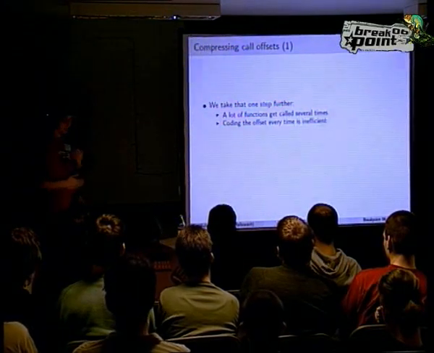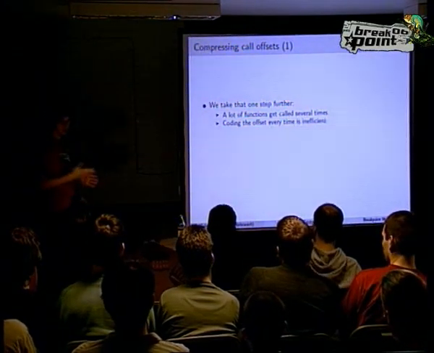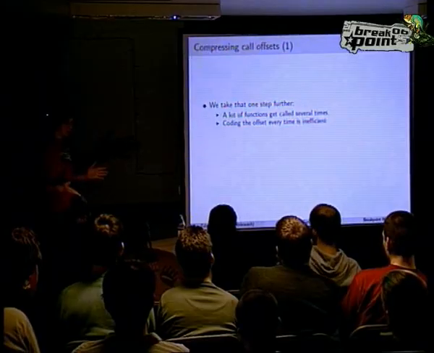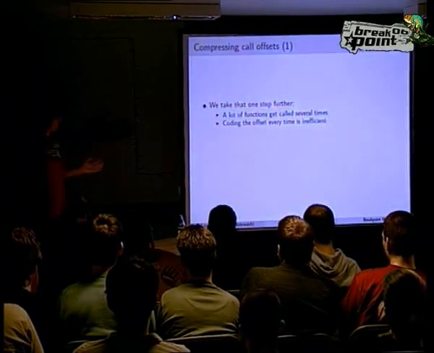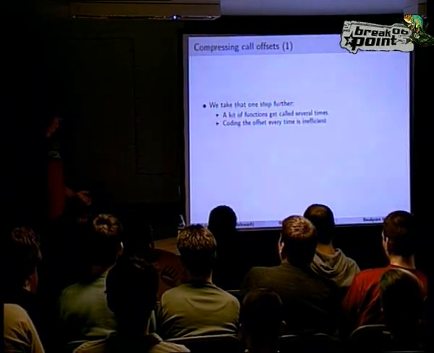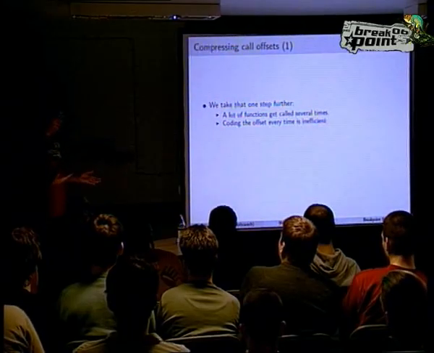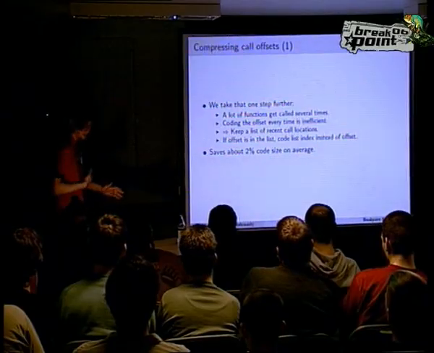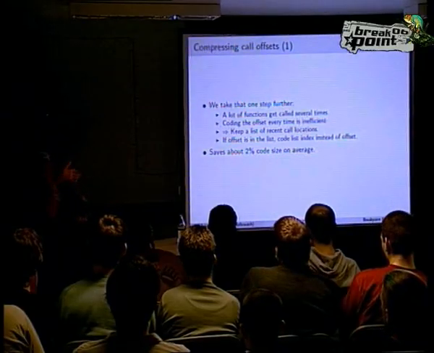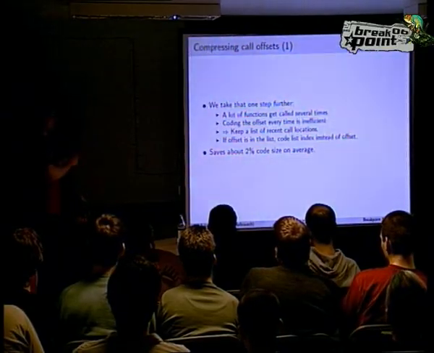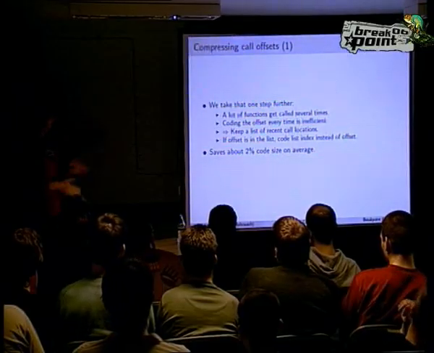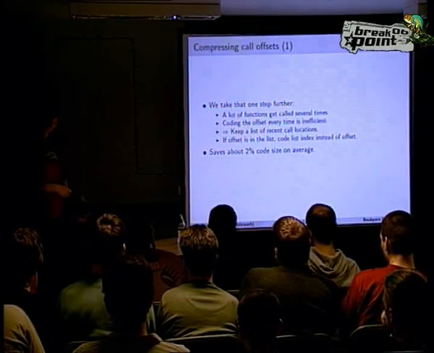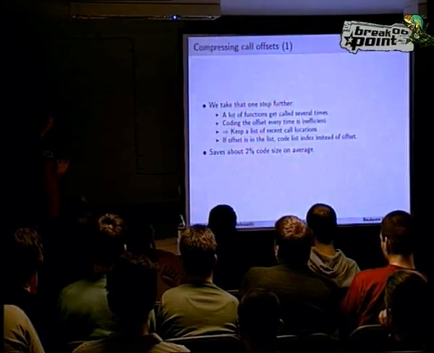But we can also take that one step further, because a lot of those functions get called several times. Even if the offset is the same every time, you don't want to code it every time by itself. What you do, you keep a list of locations that got called in the recent past. It doesn't even have to be unique. You can have the same entry in multiple points in this list, doesn't matter.